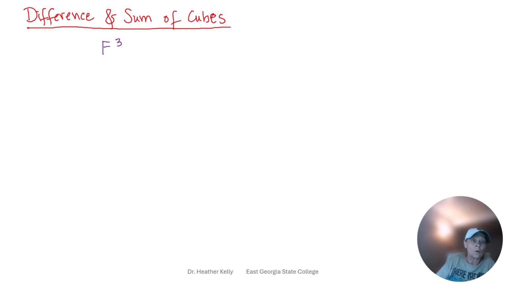F cubed plus or minus L cubed is equal to F plus or minus L, I'll explain that in a second, times F squared minus plus FL always plus L squared.